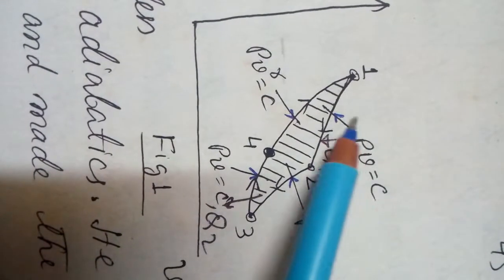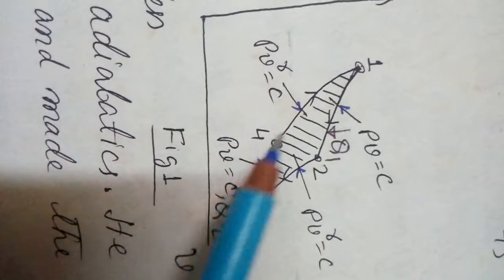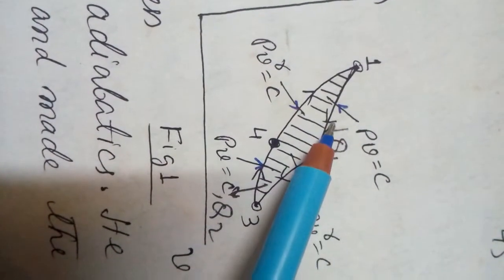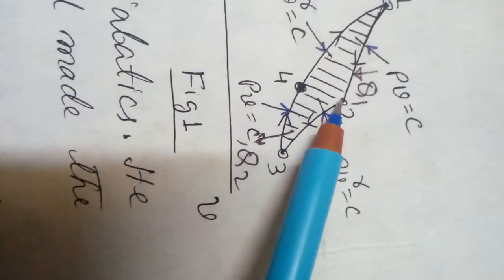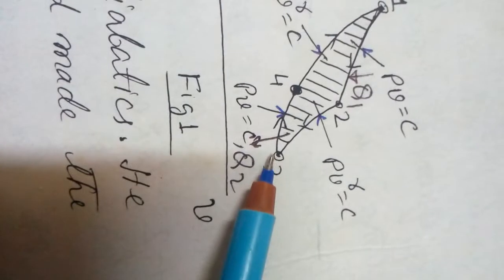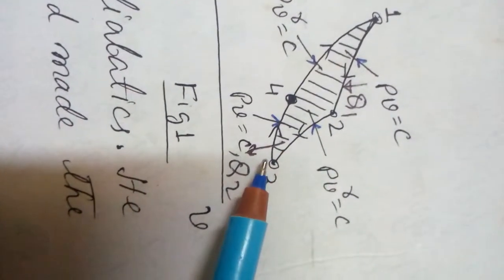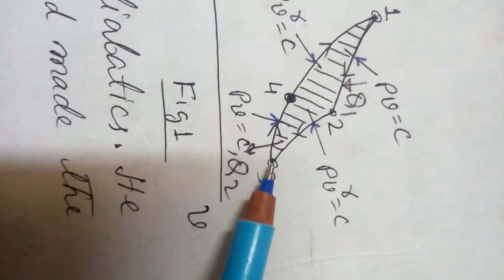Here temperature is constant. These temperatures, let us talk about T1. Okay. Then this is an adiabatic process 2 to 3. Adiabatic expansion.